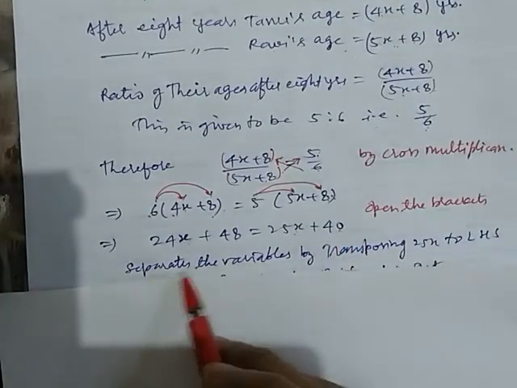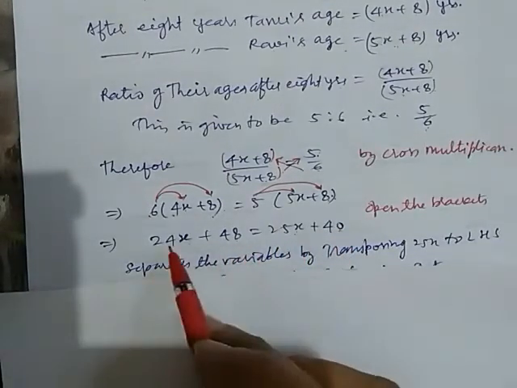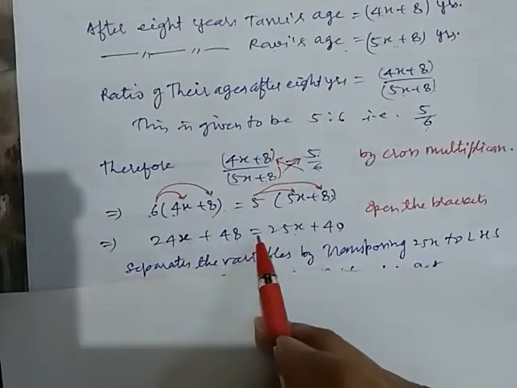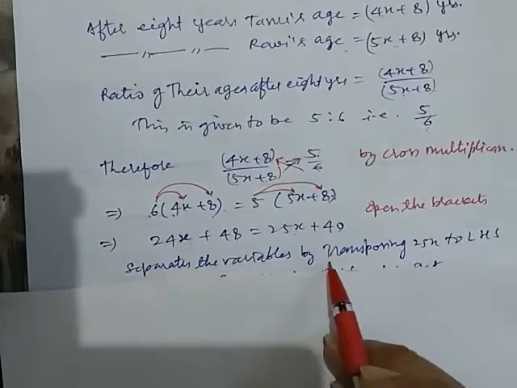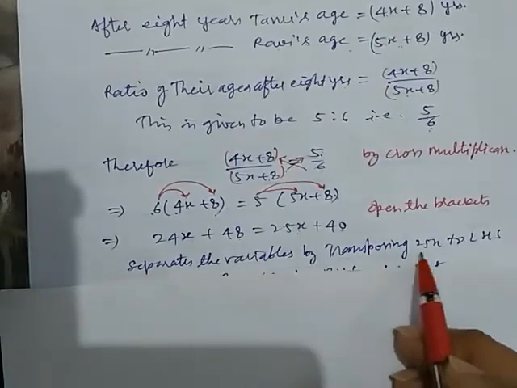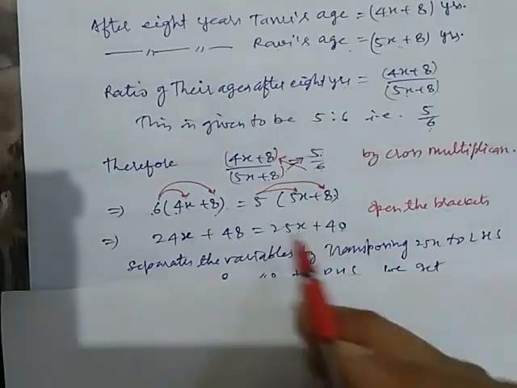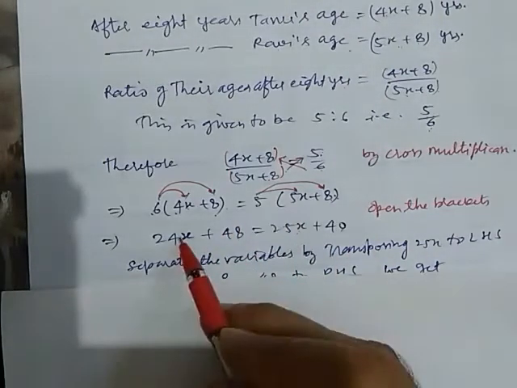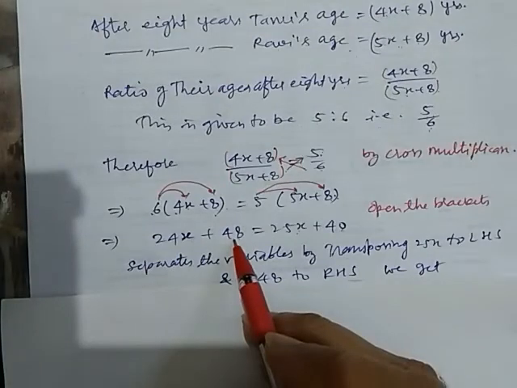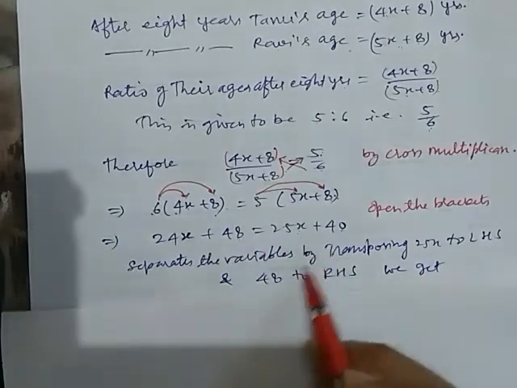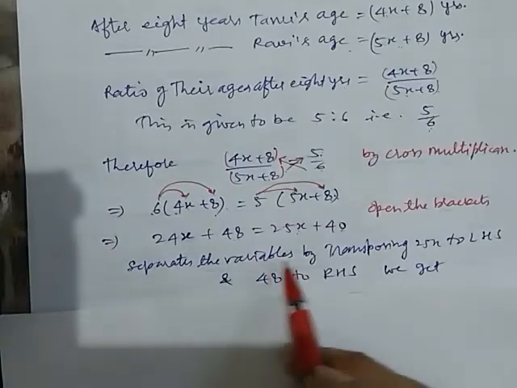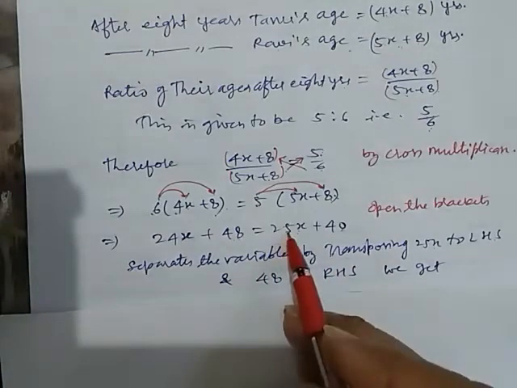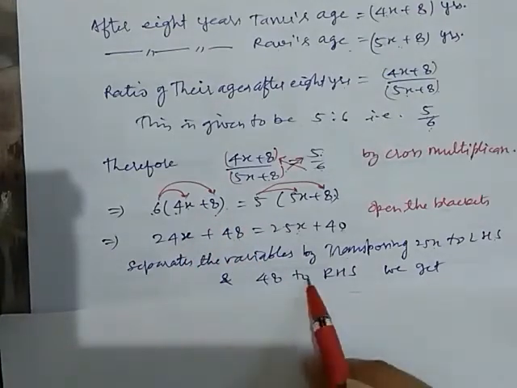Now we want to separate the variables because they are on different sides. By transposing, we move 25x to LHS and 48 to RHS.